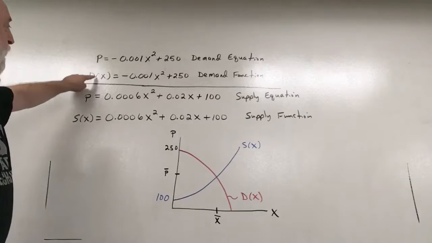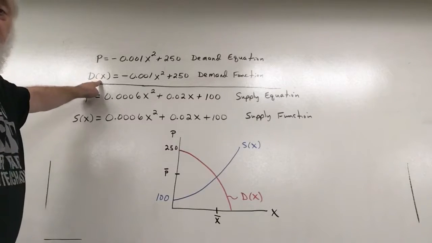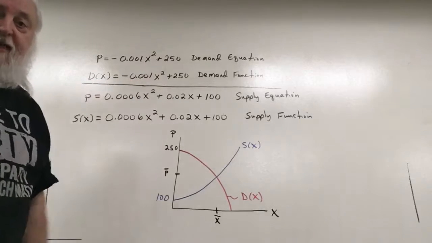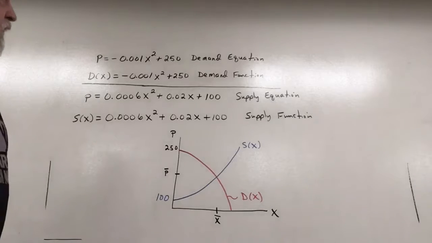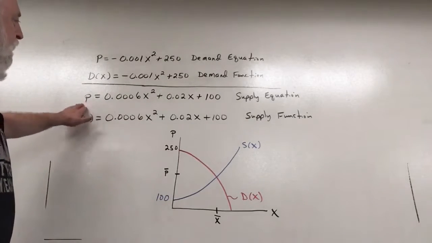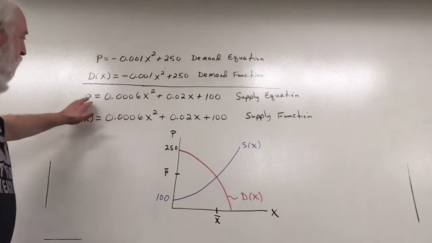So we can replace P with function notation. And so now we have a demand function, D of X, equal to what's on the right-hand side of the equation. The supply equation for a company is what it is willing to supply to the marketplace for a given price.